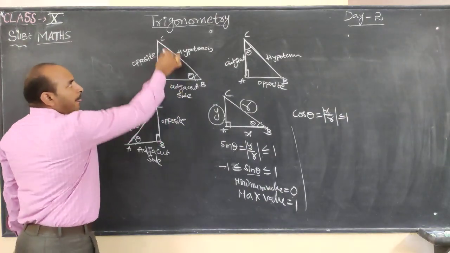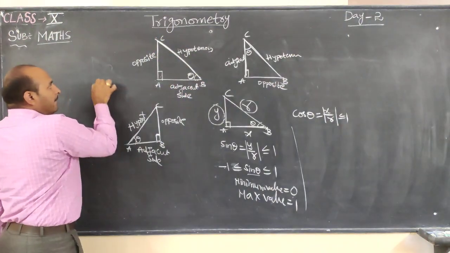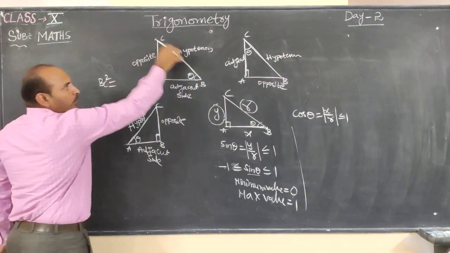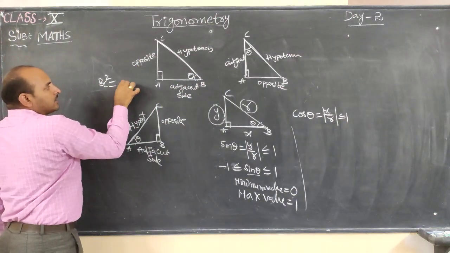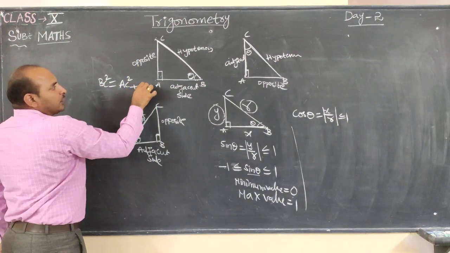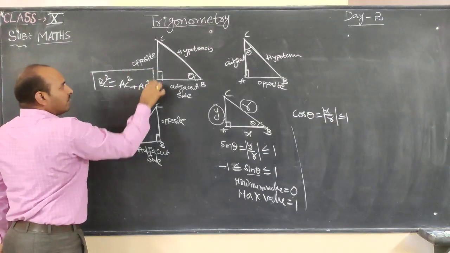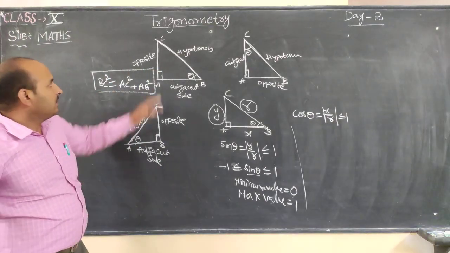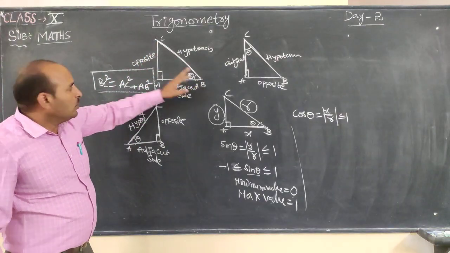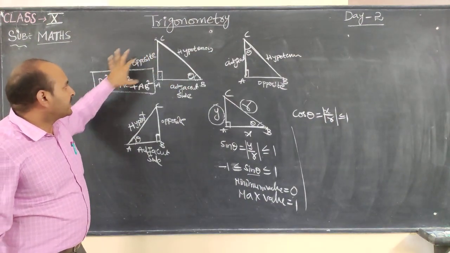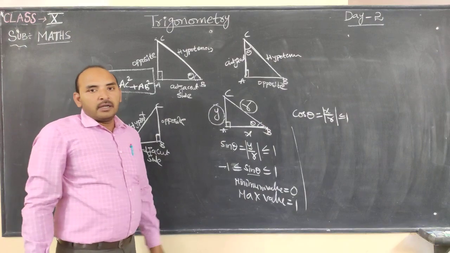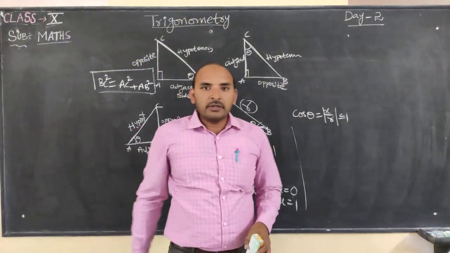The hypotenuse square, BC square, is equal to the sum of the squares of the other two sides, AC square plus AB square. That is the Pythagoras theorem definition.